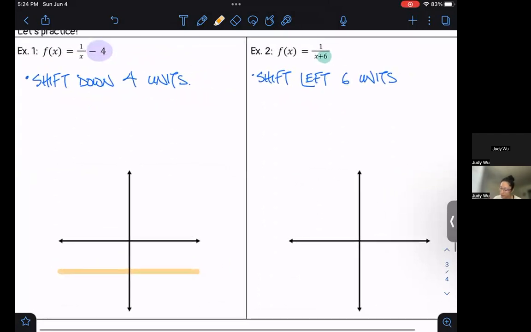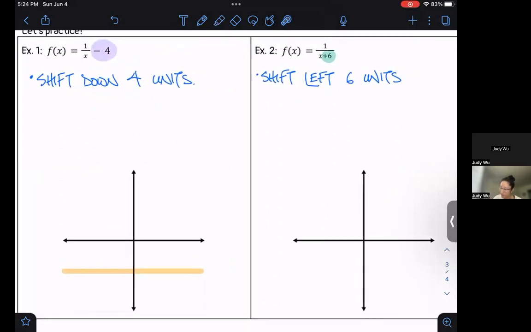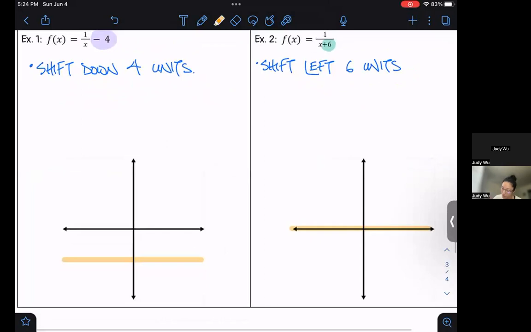But if I'm moving something left or right, the horizontal asymptote actually stays where it is. While we're here, let's write these equations. The first horizontal asymptote will be y equals -4, and we can abbreviate this as HA for horizontal asymptote. And in example 2, our horizontal asymptote is y equals 0.